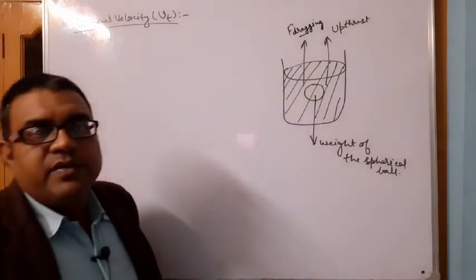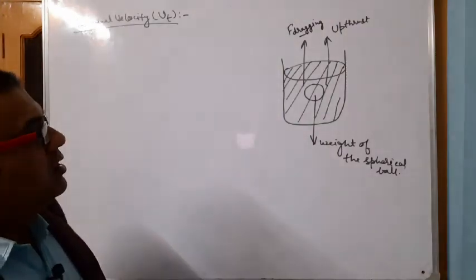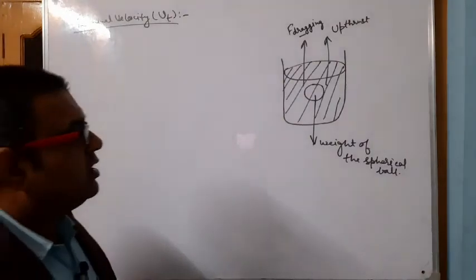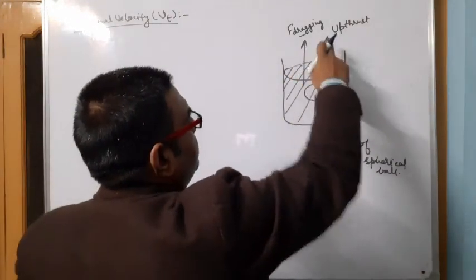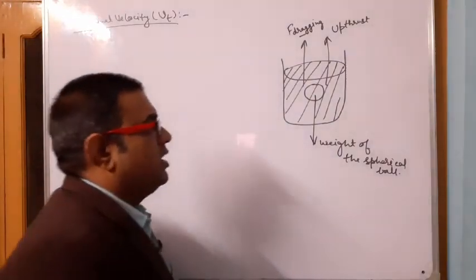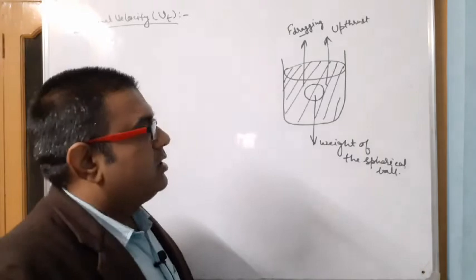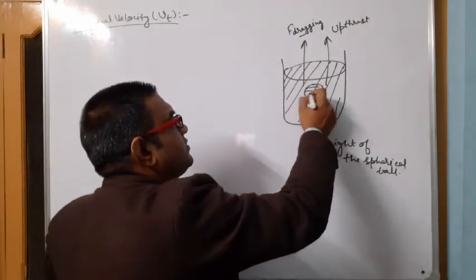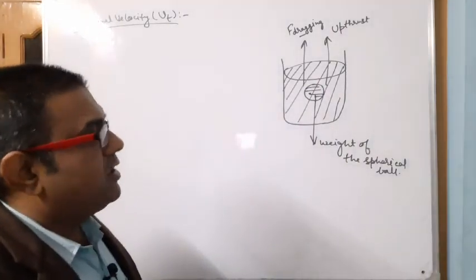Now suppose the ball is moving with velocity v inside the fluid, then a stage comes when the weight of the ball is balanced by the dragging force and upthrust. And what will happen at that time? At that time, the spherical ball starts moving with constant velocity.